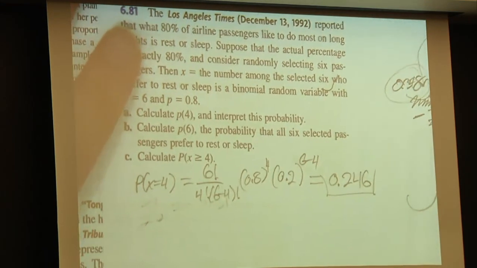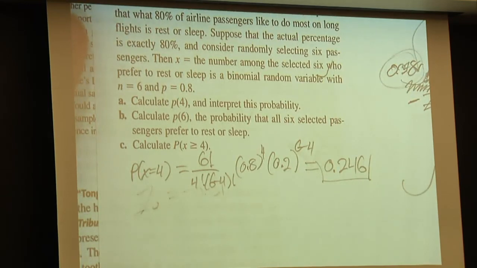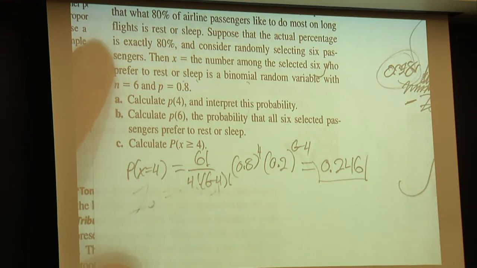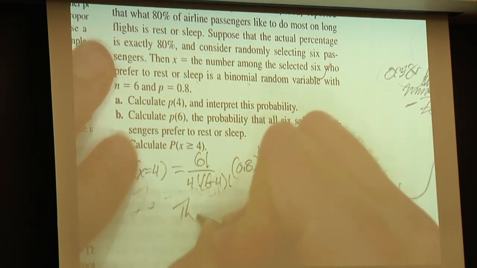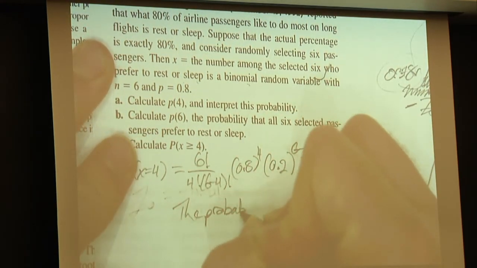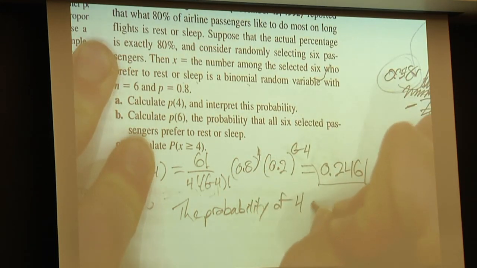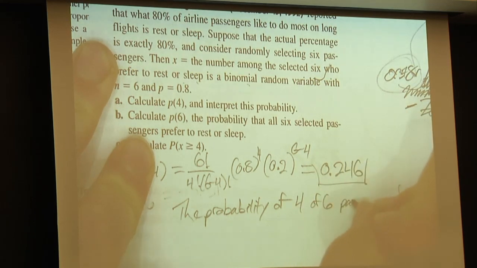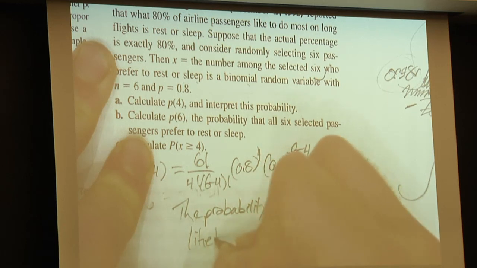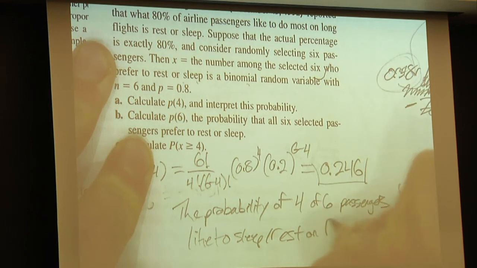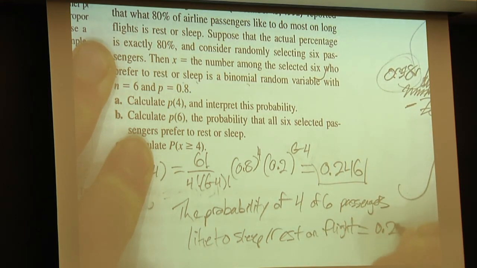That's tricky. Now, they told us x is the number among the selected 6 who prefer to rest or sleep. So the way we refer to this is that the probability of 4 of the 6 passengers like to sleep or rest on their flight equals 0.246.